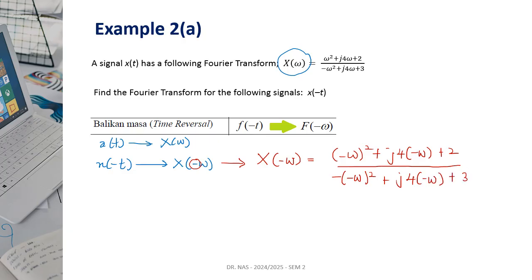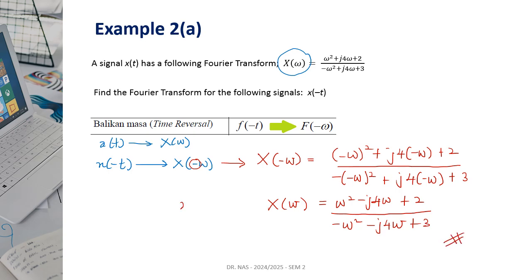Now you can simplify the equation. So X(-omega) equals omega squared minus j4 omega plus 2, divided by negative omega squared minus j4 omega plus 3. This is the Fourier transform for x(-t).